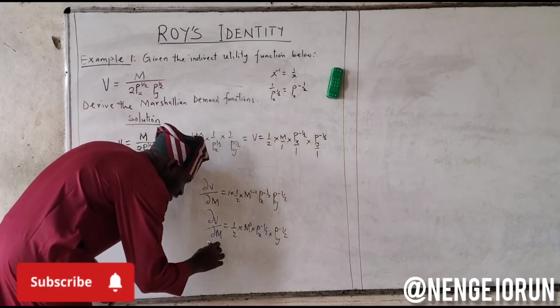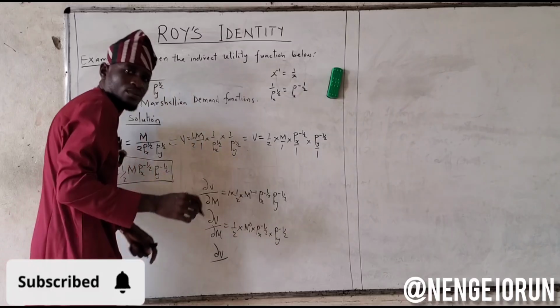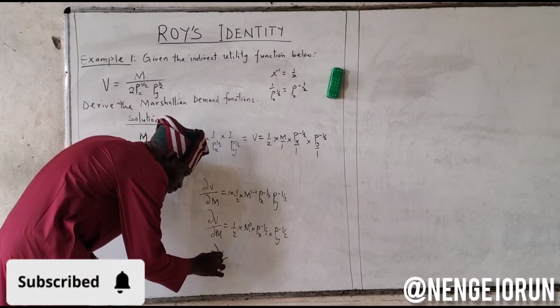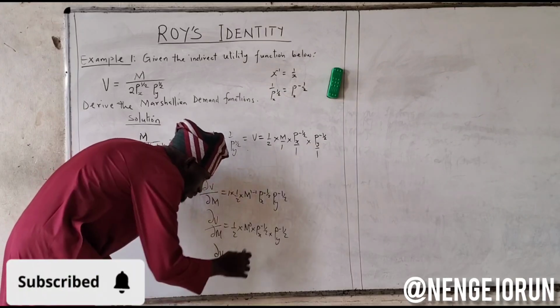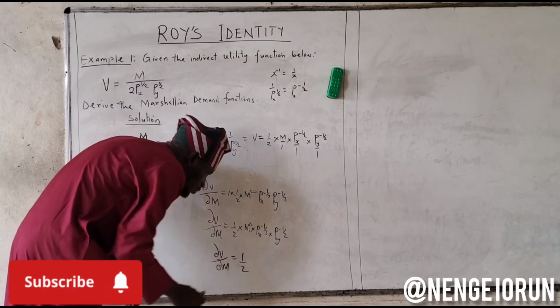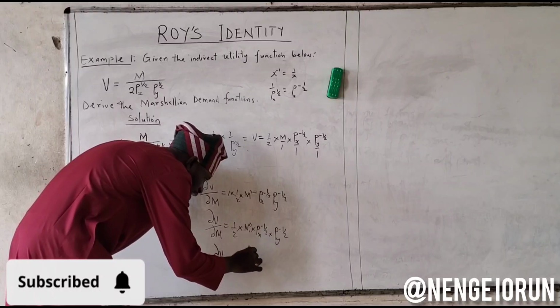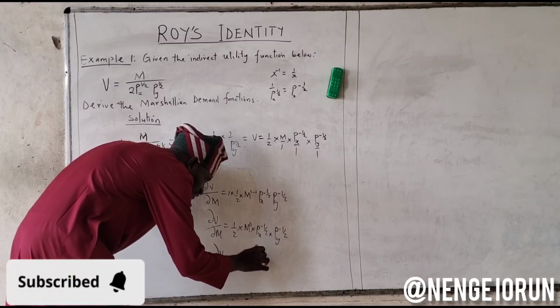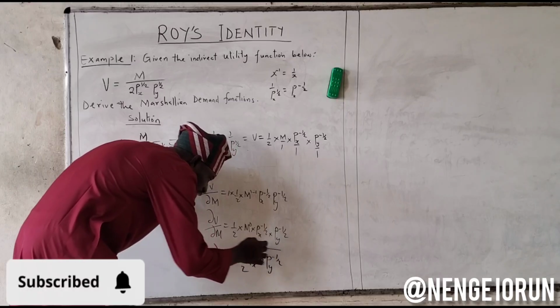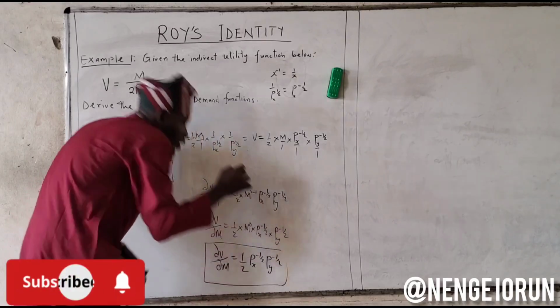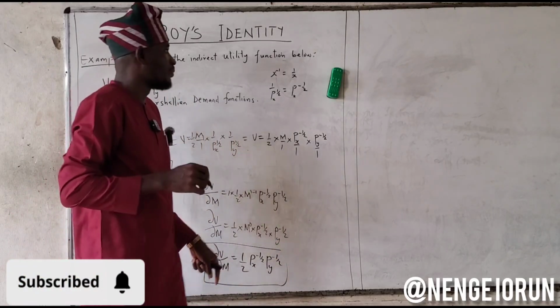So the partial derivative of V with respect to M is now equal to 1 over 2 Px raised to the power of negative half, Py raised to the power of negative half.